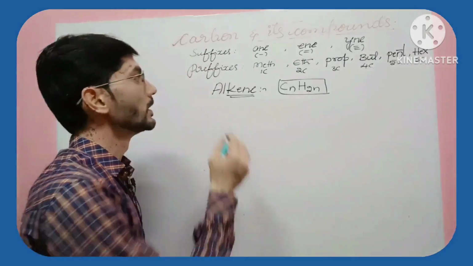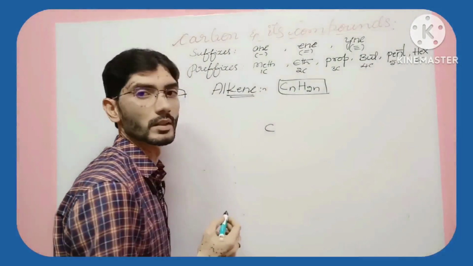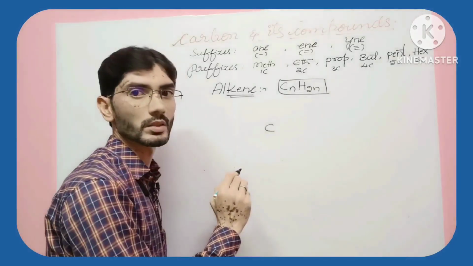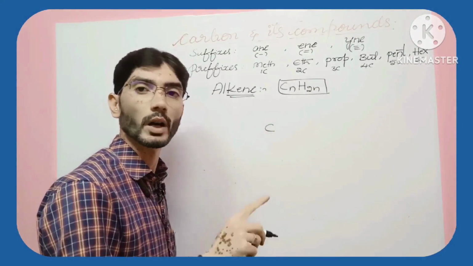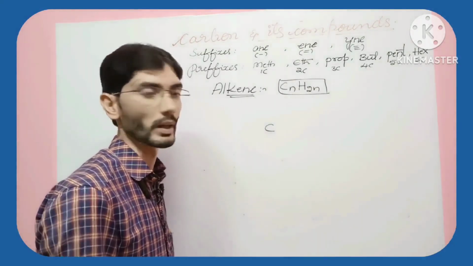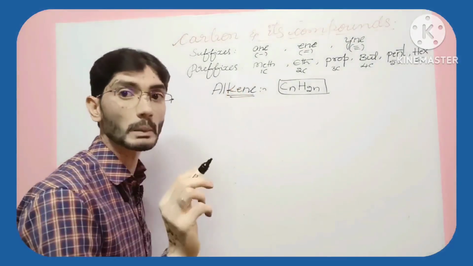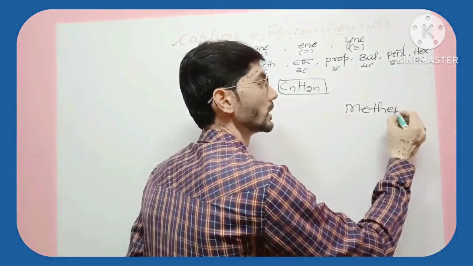But in the case of alkene, with a single carbon atom we can't put a double bond, because for catenation there must be 2 or more carbon atoms required. So that's why the first member of the alkene family is not methane. You need to remember.